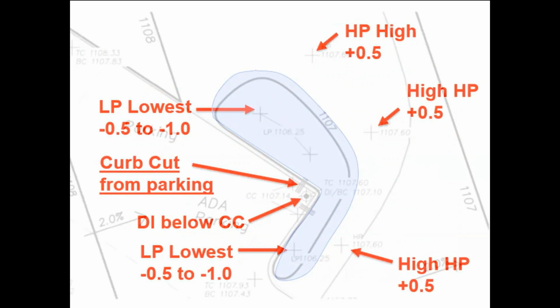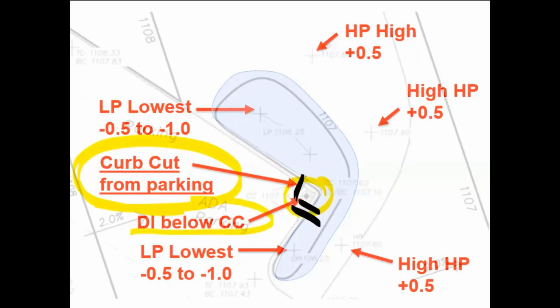So to start with, we always start with the curb cut. You know that that is set by the elevation of the parking lot. That is a known elevation from the very beginning. You can then, if you wish, of course, set your drop inlet. That is also going to be known from the elevation in the parking lot.